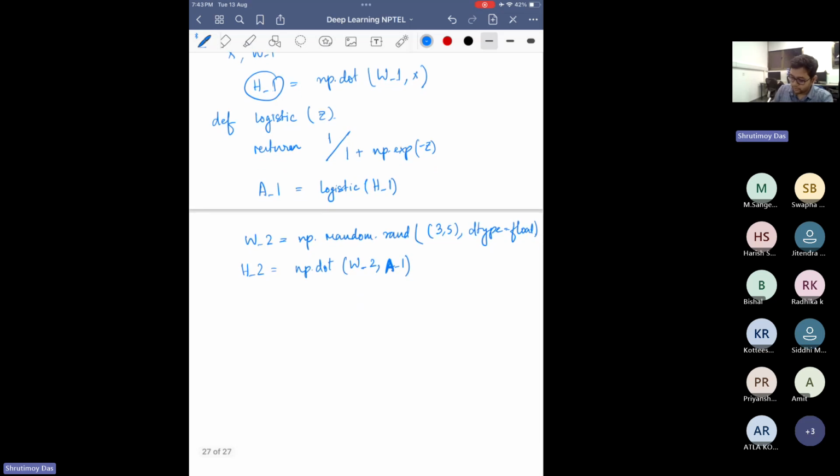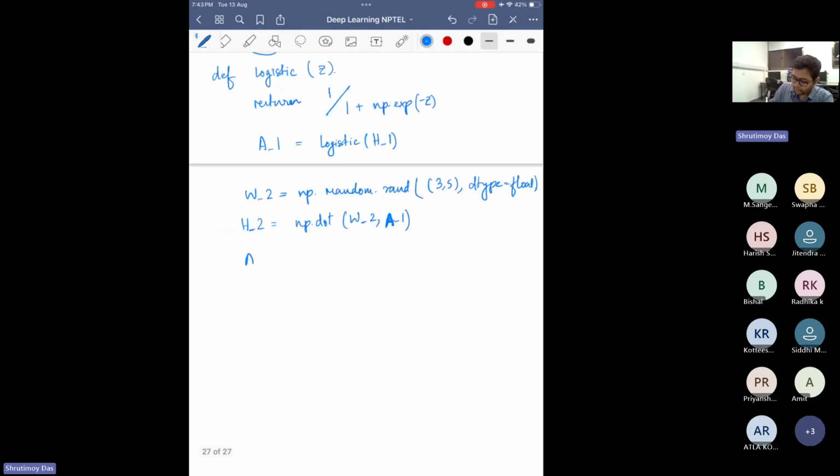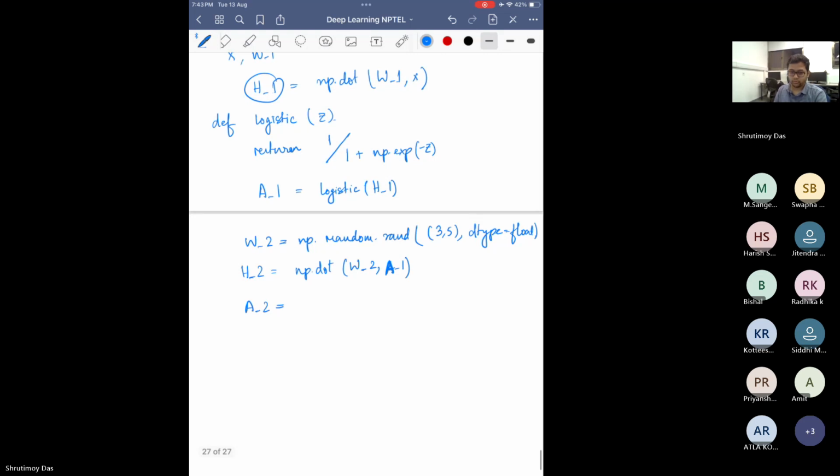Fine. So now we have h2. Suppose I use the logistic function again. From h2 I need to get a2. What should I use to get a2?